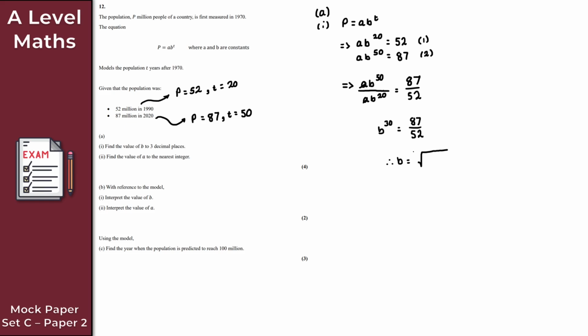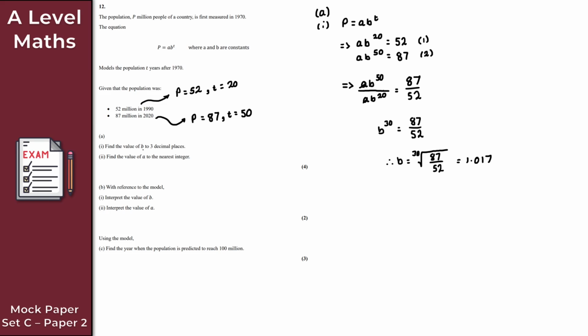Either's fine. Either way, you'll get the same answer. And to 3 decimal places, what we get here is 1.017. Okay? So that gives us the value of b to 3 decimal places.